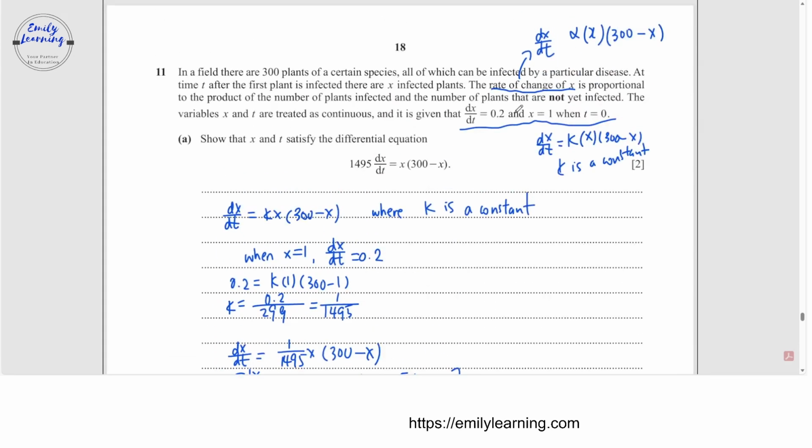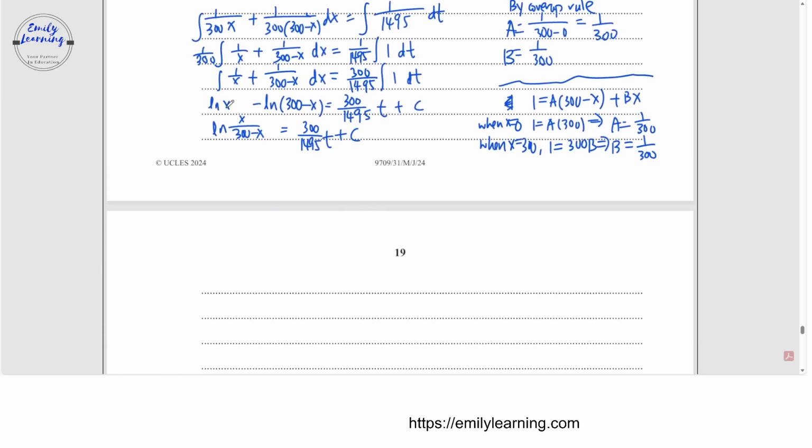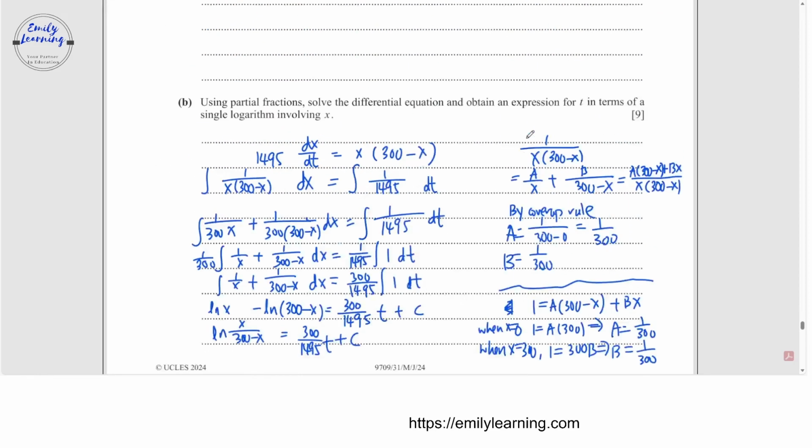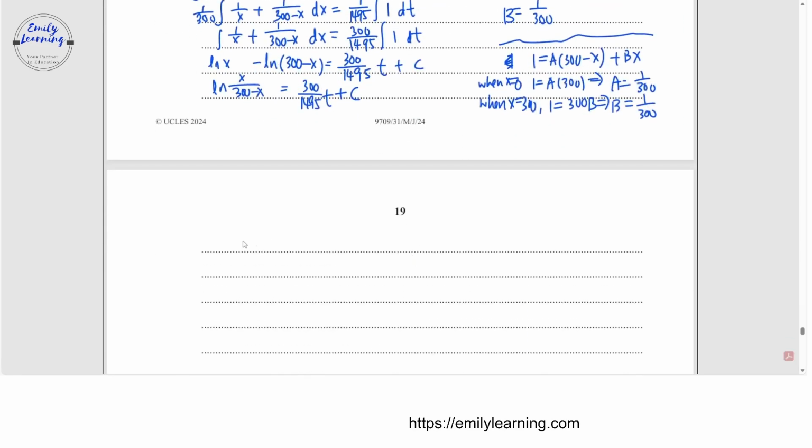We don't need to sub in dx/dt equals 0.2 because this equation doesn't have the dx/dt. So when t is 0, x is 1. So I know that ln of 1 over 299 equals c.